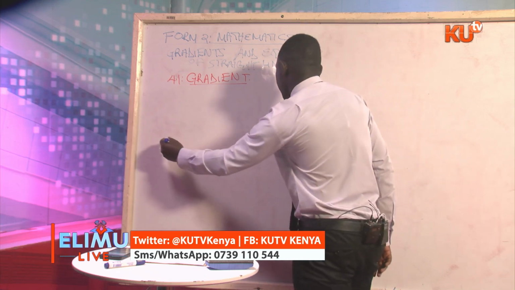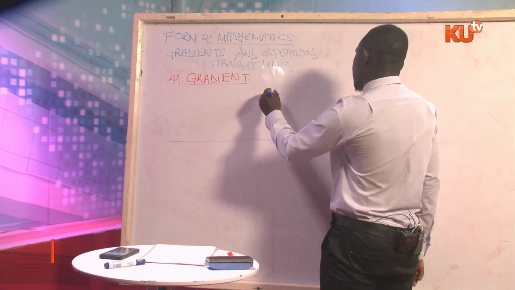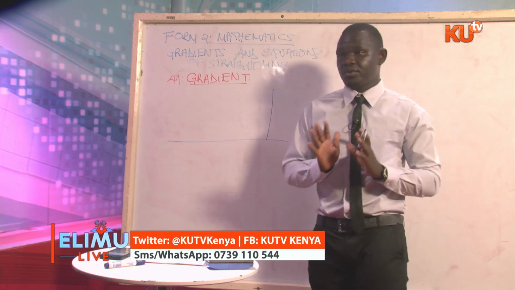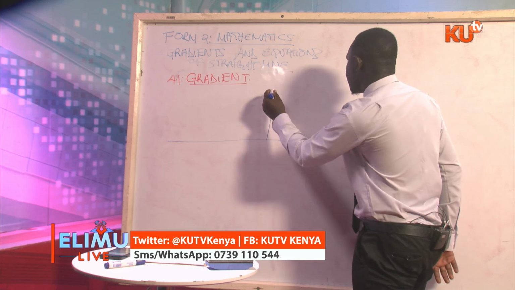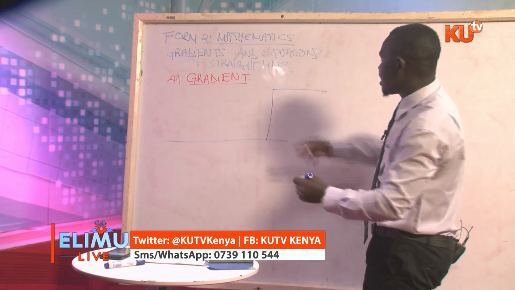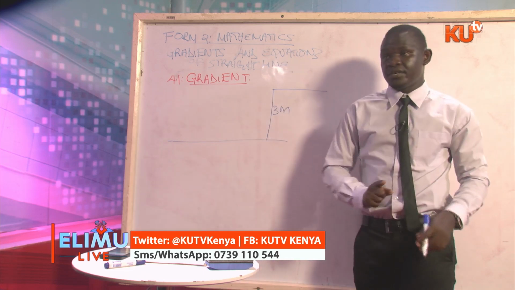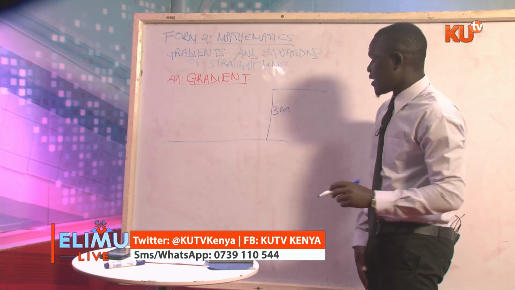Maybe we have a level ground here. This is our ground. But now, this is a construction site, remember. And in this construction site, the construction is being done here at a height 3 meters above the ground. That is the point where the construction is occurring.